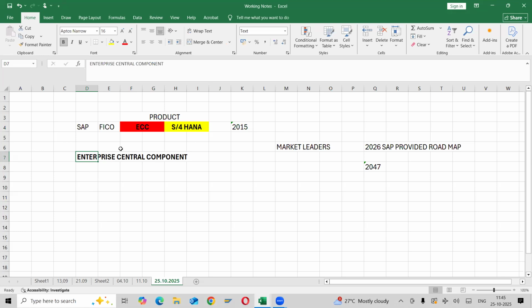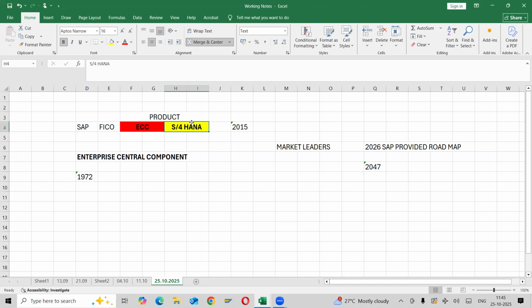Why, from 1972 onwards, SAP was using a kind of ECC environment. At least you can take 1980; they were using ECC. But in the year 2013 to 15, they came up with a new product called S4 HANA, not just features. They completely changed the product. What is the reason behind that?